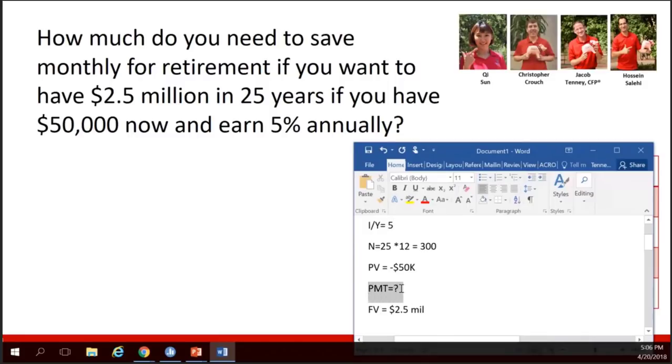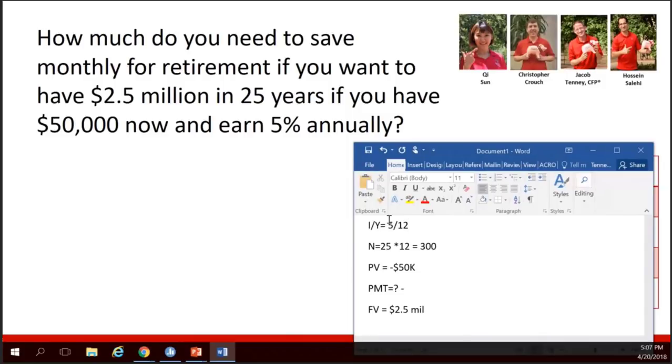So you're going to need to put this in your calculator and find the PMT or monthly saving, and it should be a negative sign. Also, because we have monthly compounding here, you need to adjust the interest rate as well. So interest rate is 5 divided by 12.